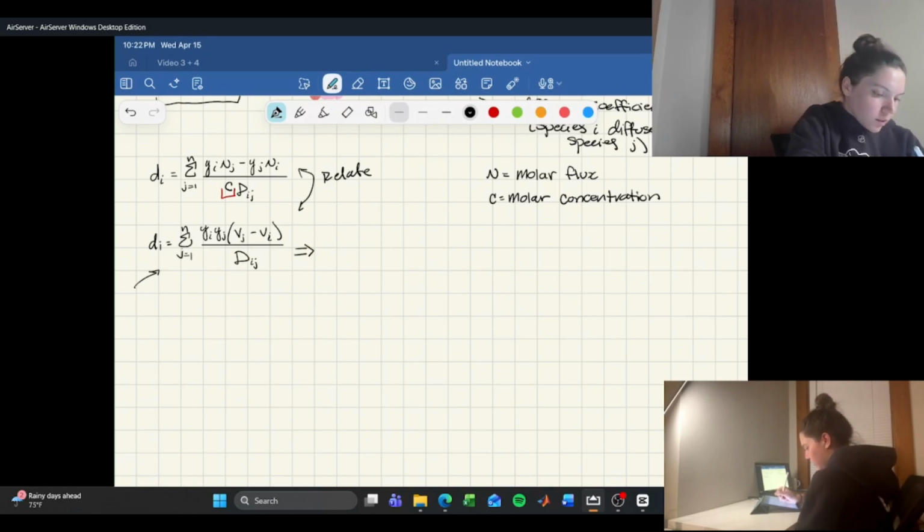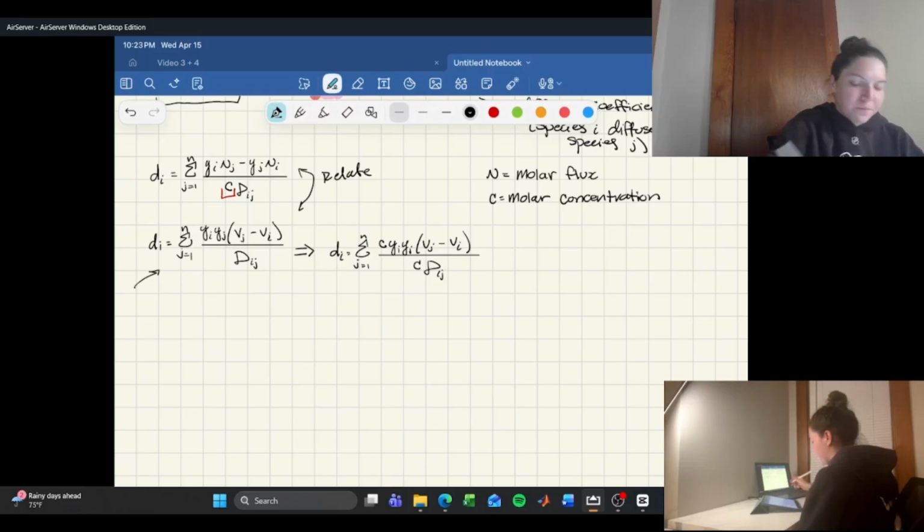So the driving force still is equal to the sum of, we're going to multiply the concentration by the numerator and denominator. So we have the concentration times mole fraction of I times mole fraction of j times the velocity of component j minus the velocity of component I, over the concentration times the diffusion coefficient of ij.